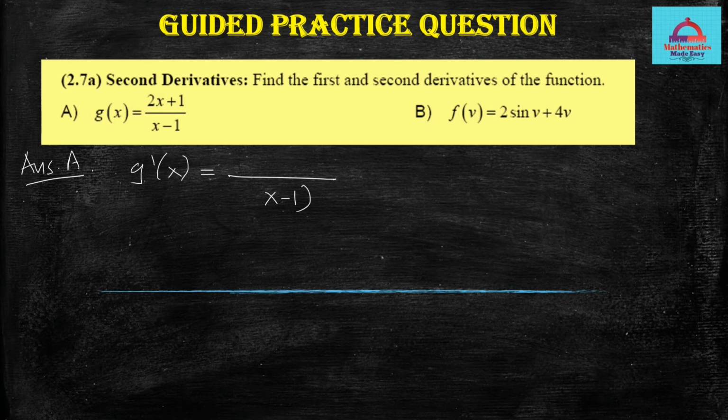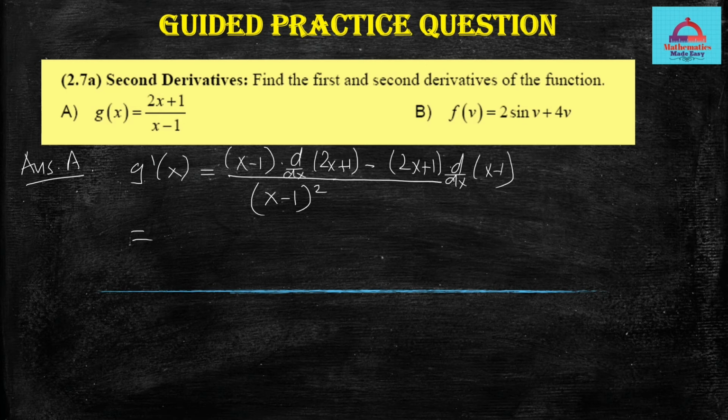for quotient rule. So (x minus 1) as it is, d by dx of the numerator, negative sign (2x plus 1) as it is, and d by dx of (x minus 1). So let's simplify. This will give you (x minus 1).